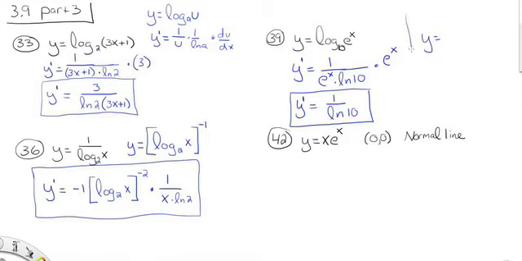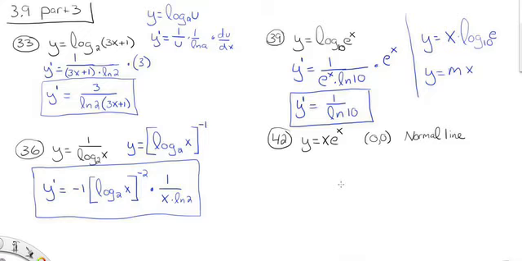I could rewrite the problem here as y equals, bring the x down, x times log base 10 of e. And it may not look like it, but log base 10 of e is just a constant, just a number. So in a sense, we have y equals mx, and the y-intercept would be 0. And the m is this complicated slope, apparently 1 over natural log of 10. Anyway, so that's our answer.